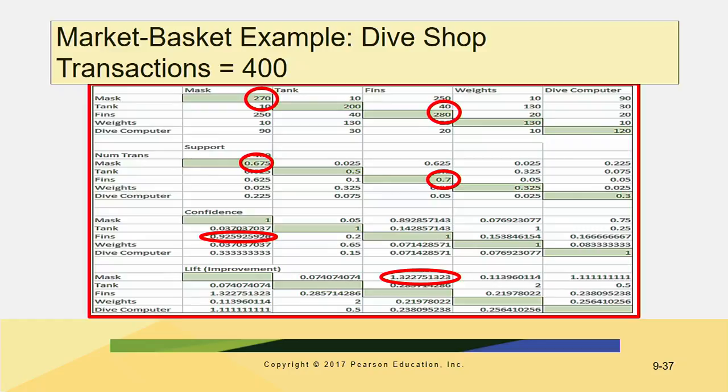So if we look at that ratio, 93% divided by 62.5%, it comes out to 1.32.